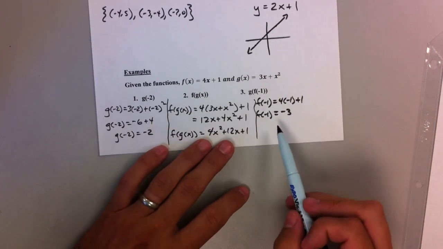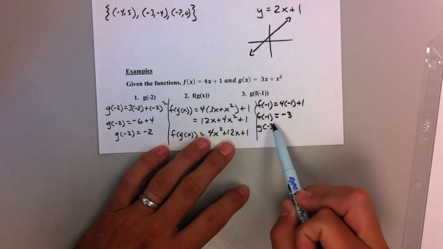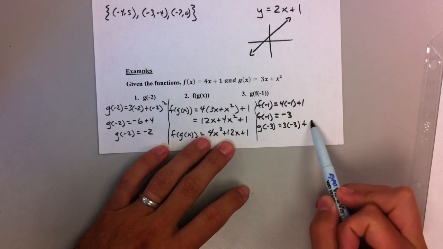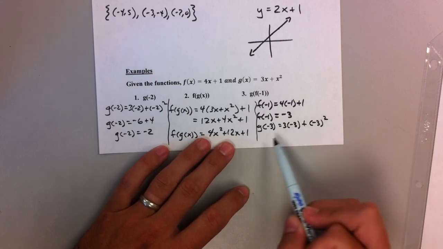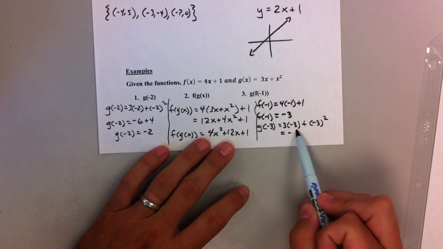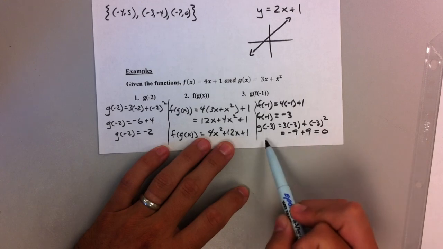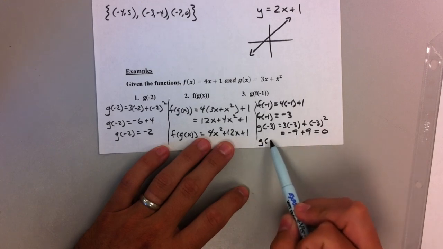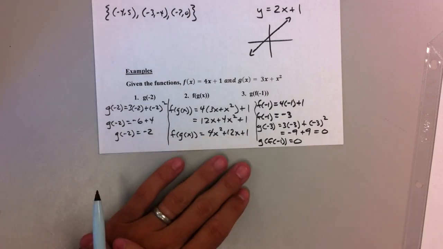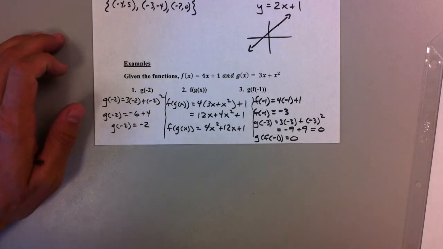Then I'm going to take that answer and plug it into g. So 3 times -3 plus (-3)². What's that? That's -9 + 9, which will be 0. So g(f(-1)) would equal 0. And that's it. That's the basics of relations and functions.